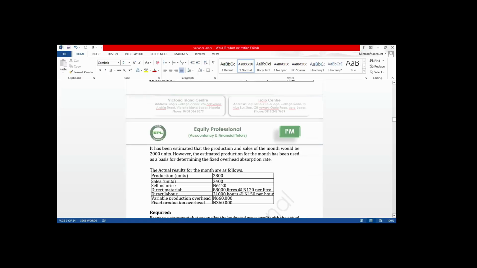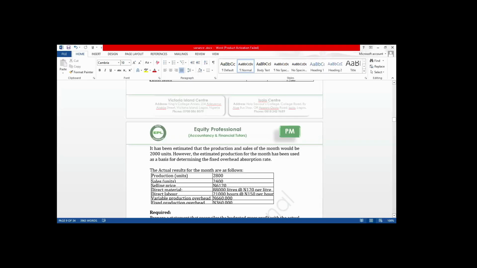It has been estimated that the production and sales for the month will be 2,000 units. The company plan is to produce and sell 2,000 units. That is our budget.